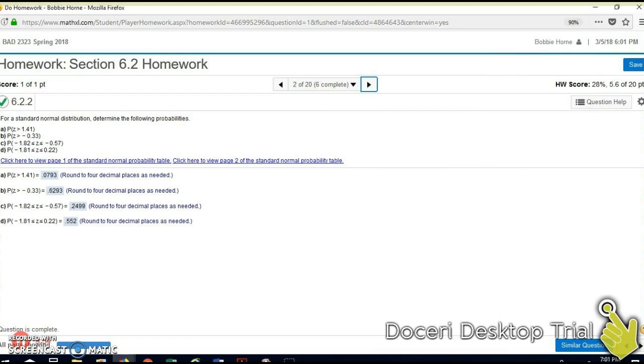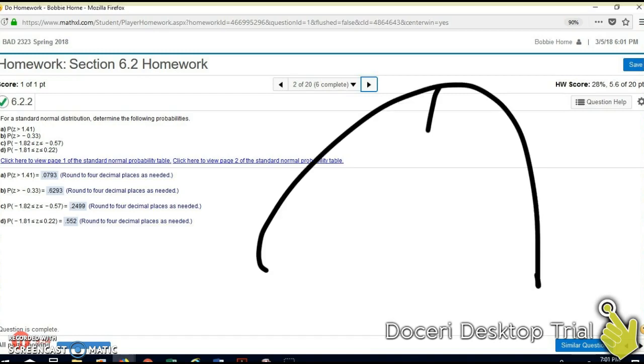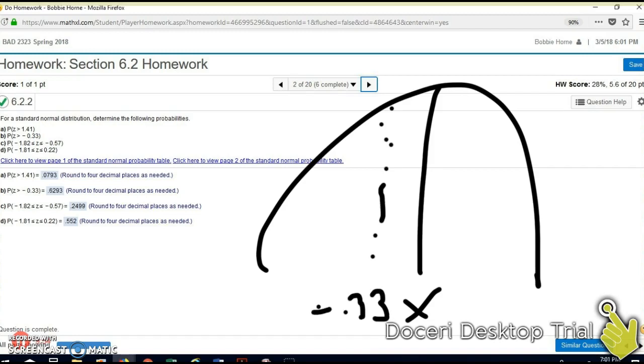Let's see if we can do just part B on this one. Z is greater than negative 0.33. So here's the mean. Negative 0.33 would be somewhere over here. Now when we look up in the table, it's going to give us the probability of it being less than or equal to, or the area under that.